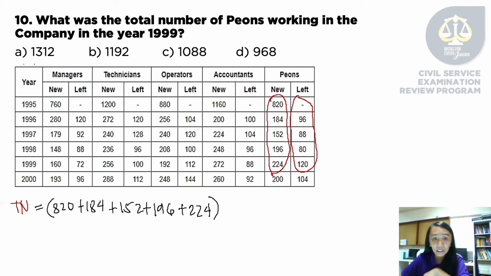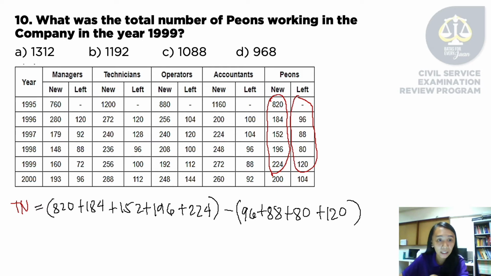Okay? Tapos, ima-minus natin yung mga umalis para makuha natin yung total ng number ng employees natin sa year 1999. Okay? So, I have 96 plus 88 plus 80 plus 120. Okay? I'll get the sum. It will give me an answer which correspond to 1,192 employees. Okay, based from the choices, my correct answer is letter B.